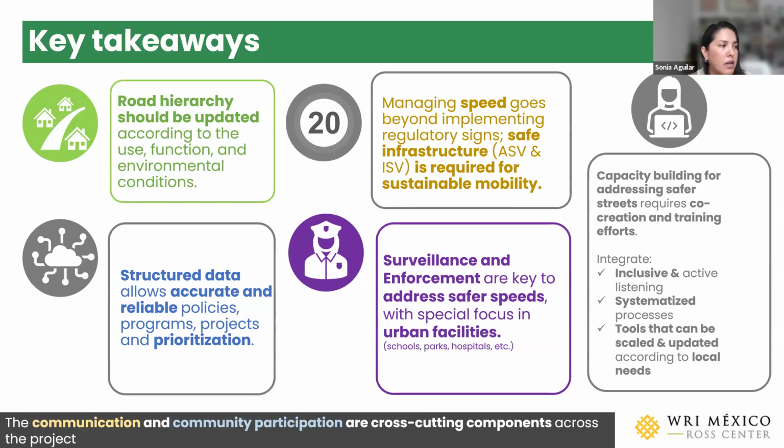So road hierarchy must be updated, as has been mentioned. Structured data allows us to walk the talk of safe mobility. Since now we have reliable and accurate data, there are different scales of mobility projects, and for a project to be sustainable, it must integrate safe infrastructure and safe speeds.